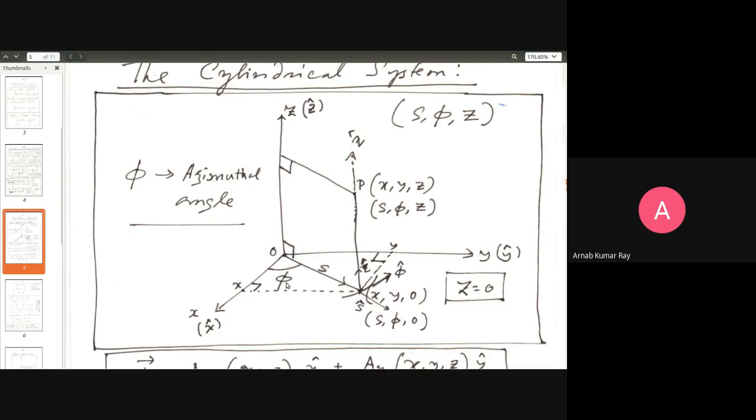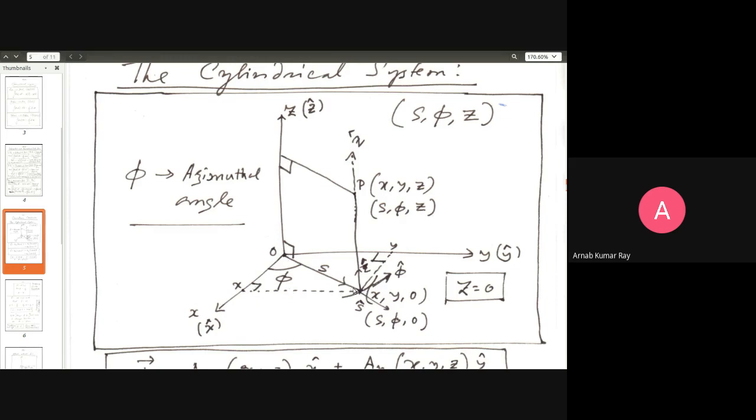Follow carefully. s cap is a unit vector that is aligned along this path described by the coordinate s, the hypotenuse of this right angle triangle, O to x, x to y, and then along this.